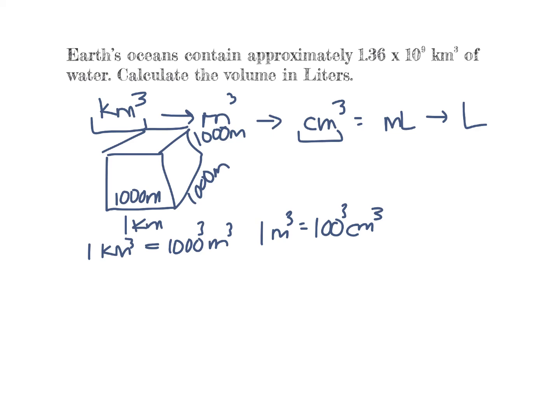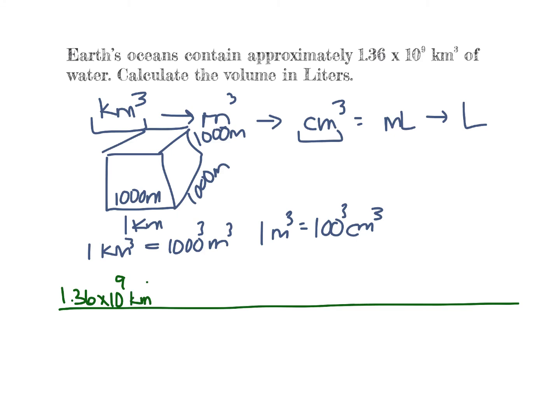Okay, let's set up the dimensional analysis. This one's going to be long. So we're going to start with 1.36 times 10 to the 9 kilometers cubed. Okay. The next thing, I need to put my kilometers cubed on the bottom, so I'll use this next equality. 1 kilometer cubed is equal to 1,000 cubed meters cubed.